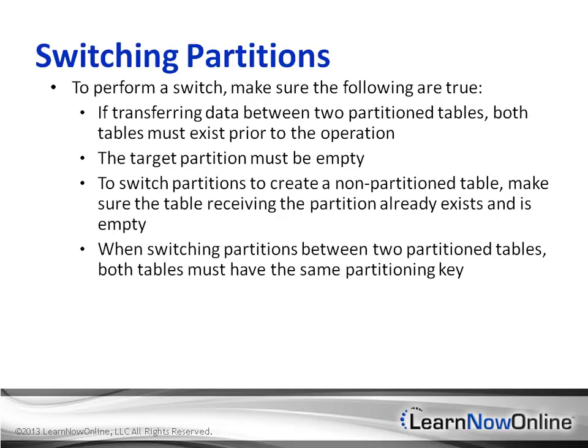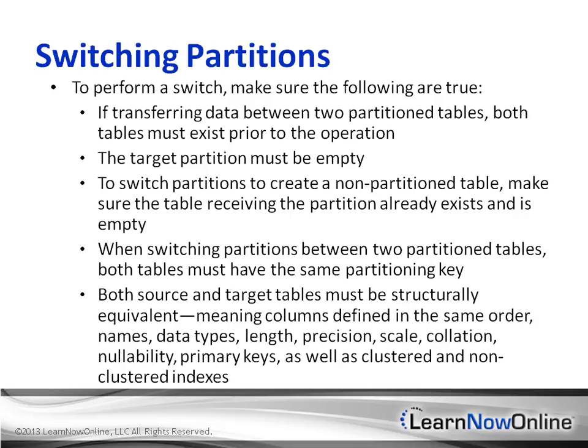When switching partitions between two partition tables, both tables must have the same partitioning key. Both the source and target tables must be structurally equivalent. This means that the columns defined are in the same order, they have the same names, data types, length, precision, scale, collation, nullability, primary keys, clustered and non-clustered indexes. So you're getting the idea here that this, while very convenient, is by no means trivial.